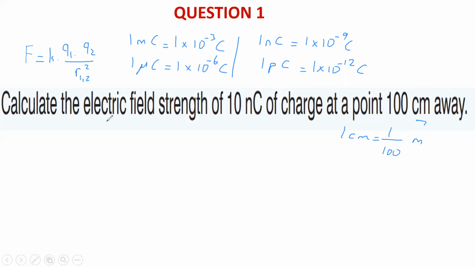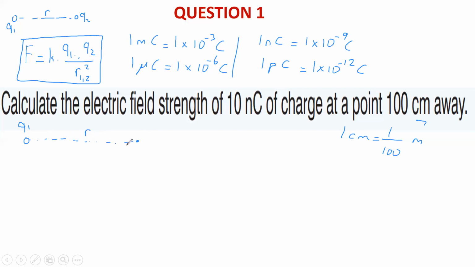But as you see, they are not asking for force now. And then you have only 1 charge. This one is for 2 charges. If you have 2 charges, Q1 and Q2, and the distance between these 2, then you can use this formula, F equals K times Q1 times Q2 over r squared. But now you have only 1 charge, Q1, and there is some point, people, at this distance.